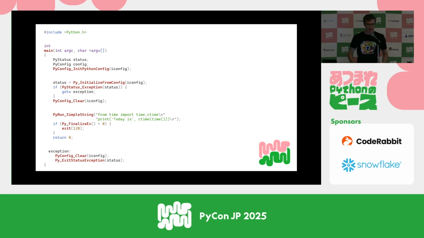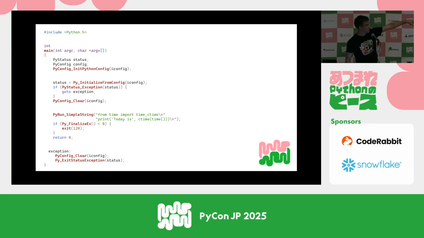So this is the correct solution. This is basically how you embed Python today. This is C code, sorry. I should introduce it. This is the most simple scenario that I could think of, if you wrote an application that basically imported Python as a library, like a DLL or a shared object. And then you gave it a simple string, which is the Python code.